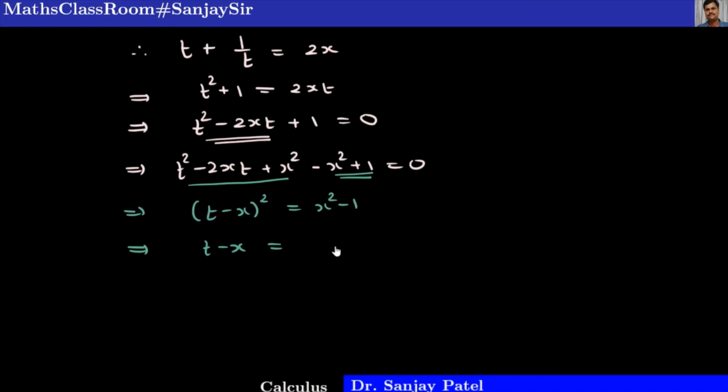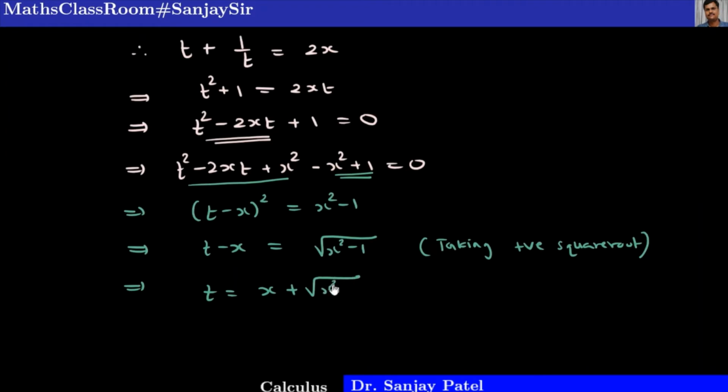Even if you take the negative square root, you will get the same result. So let me write square root of x square minus 1. So this gives me t is equal to x plus square root of x square minus 1.